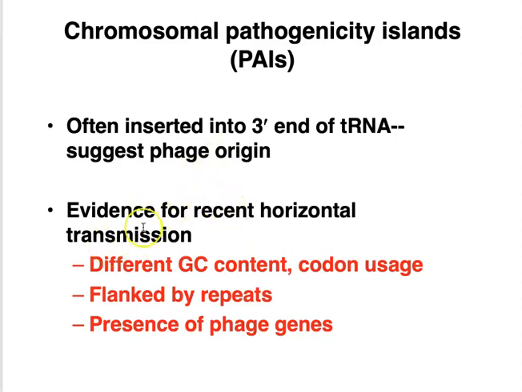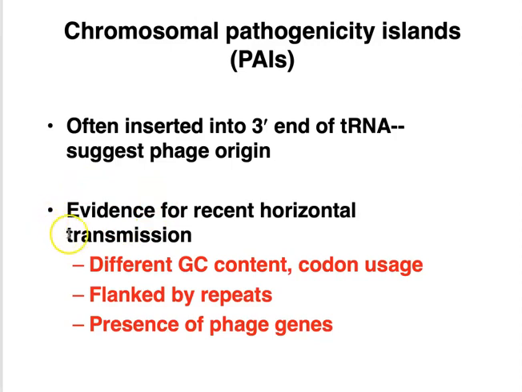But sometimes, horizontal transmission can occur through conjugation or transformation. Conjugation is when the bacteria mate through a mating pilus, and transformation is when the bacteria just pick up free DNA from the environment. But they do have to have specialized machinery to bring that DNA in, and not all microbes can do that naturally.